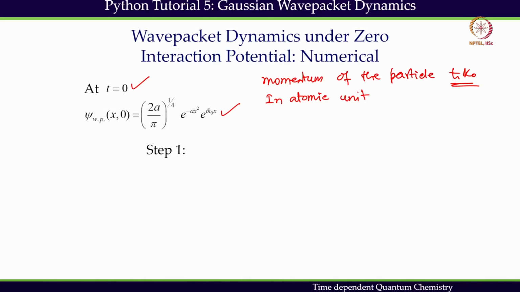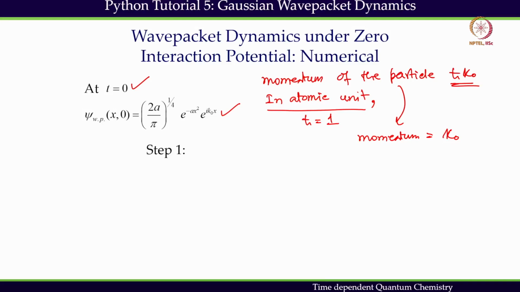Under atomic unit, there are certain things we assume. h cut is considered to be one atomic unit, and in that case, momentum we get as k naught in atomic unit. So, when I say momentum equals k naught, in atomic unit it is k naught.